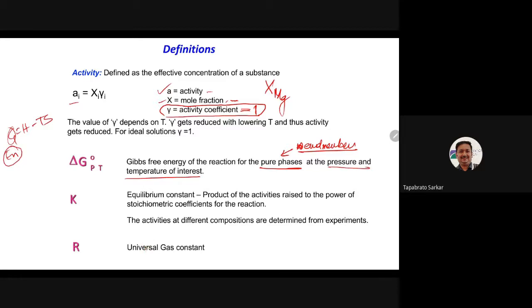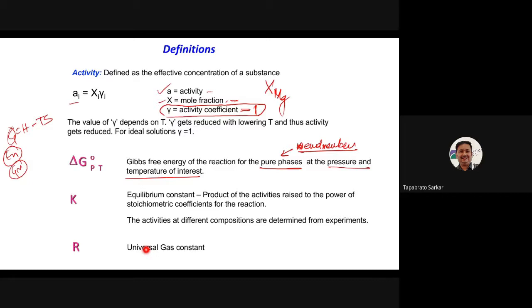We can find it out for, let's say, grossular. Each of these end members, we can find out what the G is. And then what is the pressure and the temperature of interest?